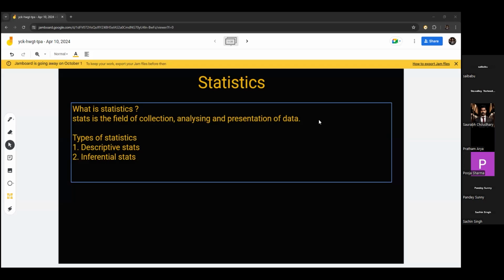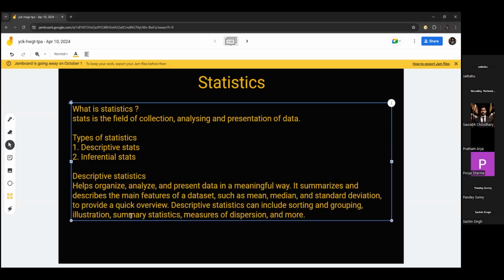And what about descriptive statistics? We can say descriptive statistics helps organize, analyze, and present data in a meaningful way.